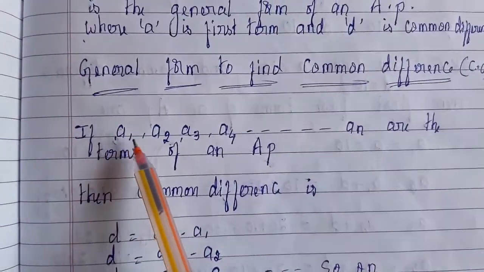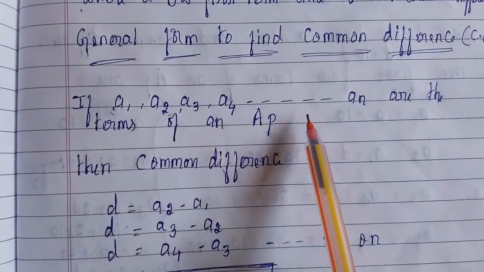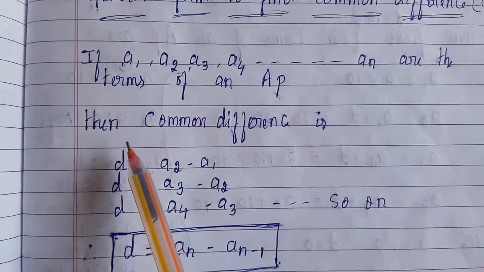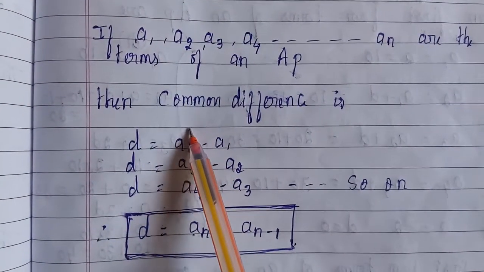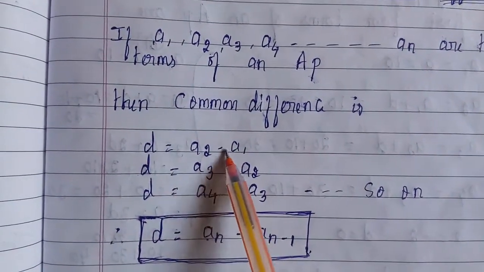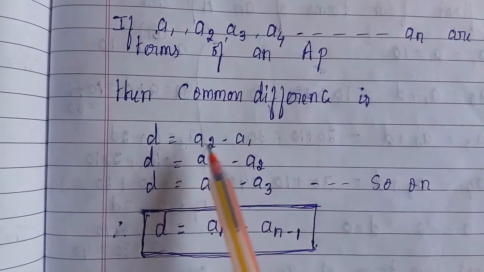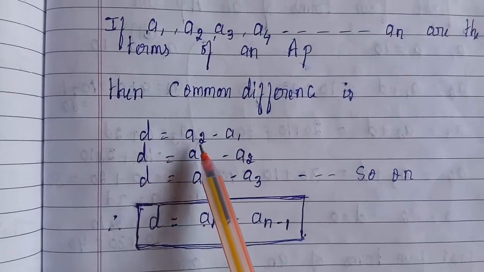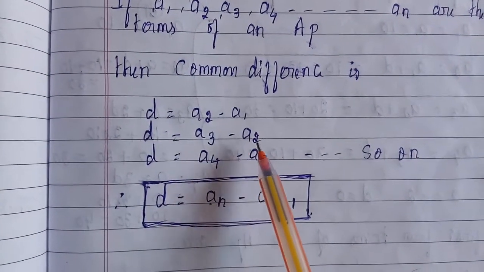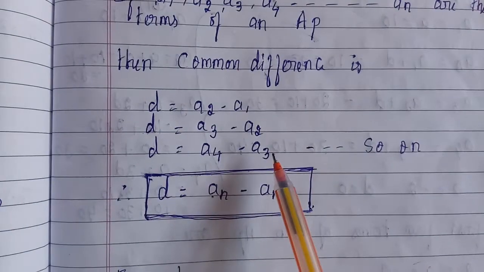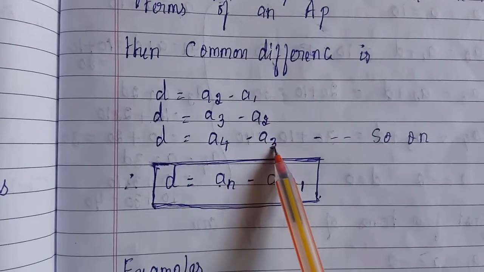Now, if A1, A2, A3, A4, etc., An are the terms of an AP, how can you find the common difference? The common difference is D. That is, as I said, by subtracting consecutive numbers in an AP, we get the common difference. A2 minus A1, A3 minus A2, A4 minus A3. So you can observe here, this is 4 and one number is decreased, that is 3.